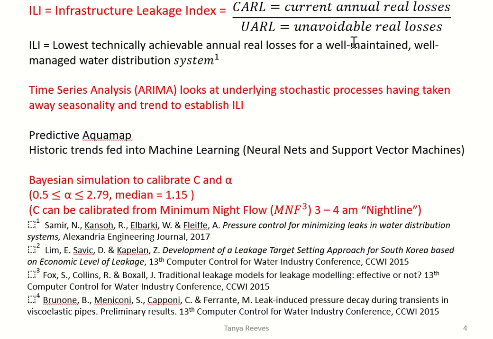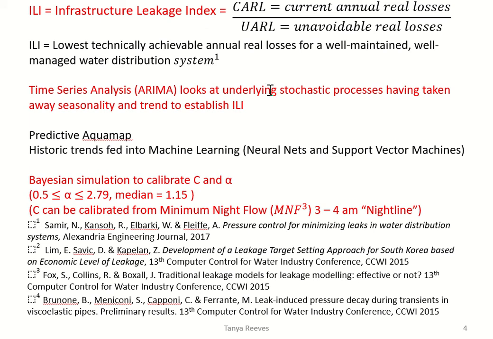Unavoidable real losses are in every system, and you cannot mitigate against them. However, obviously we want to reduce them, but the most important thing is trying to really look at what can be controlled and what can actually be addressed. The lower the ILI, or the infrastructure leakage index, obviously the better the system.